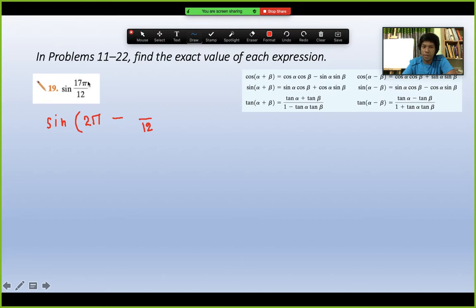We are trying to make this 17 pi. So if I give minus here, 12 into 2 means 24. 24 pi minus 7 pi equals 17 pi.